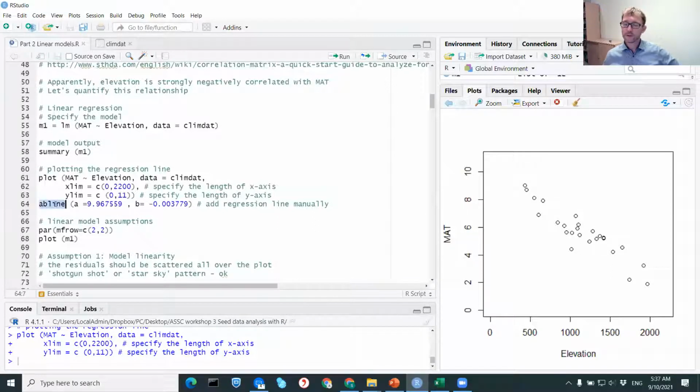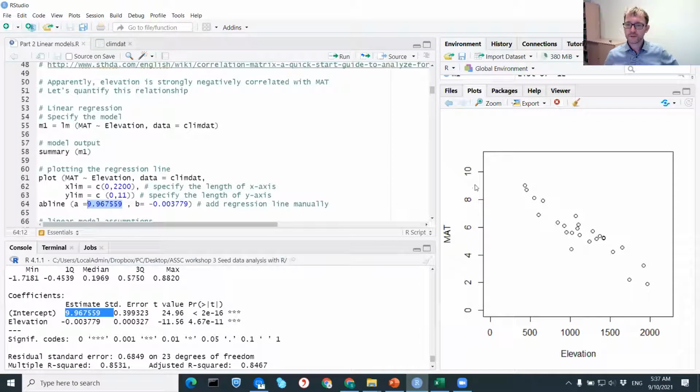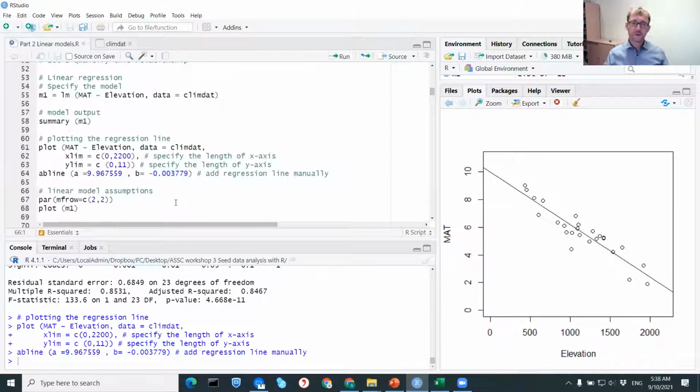And now by using the basic function abline, I add the regression line manually. The first parameter here is the intercept. If you remember, the intercept is the place on the y-axis where the regression line crosses it. And the second number is the slope, showing how steep, how strong this relationship is. I'm simply using the estimates from the model output here, intercept and slope. And this is actually the geometric, visual representation of the relationship between elevation and mean annual temperature in our study system.